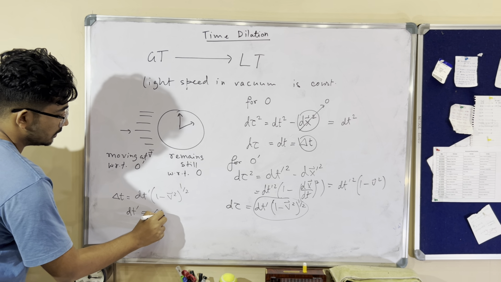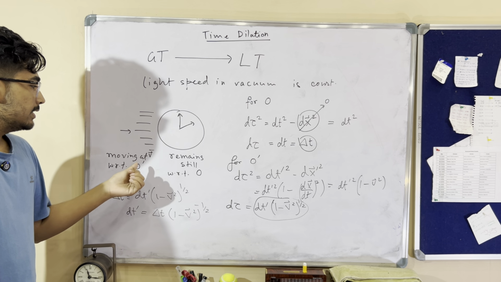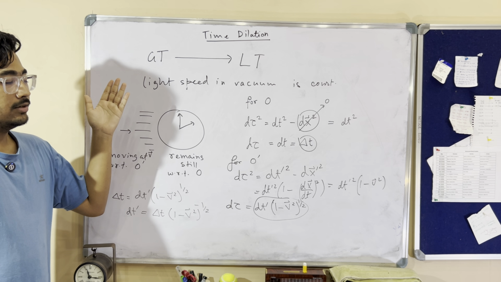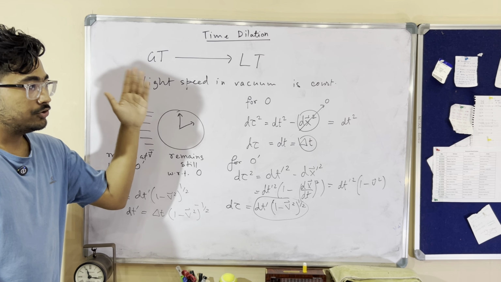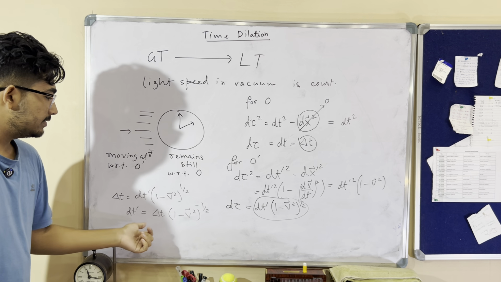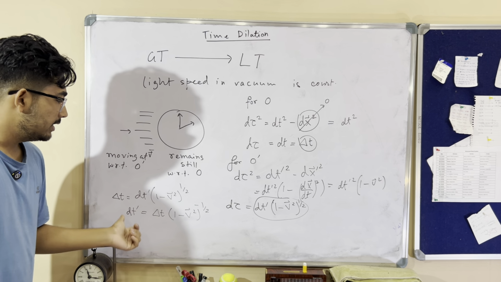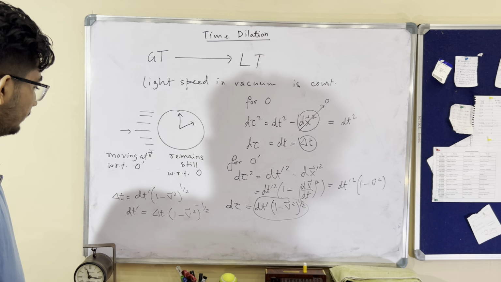So the observer O sees the time difference between two ticks of the clock is delta t, and O prime sees that the time difference between two ticks of the clock is dt prime, which is related to delta t with this expression.